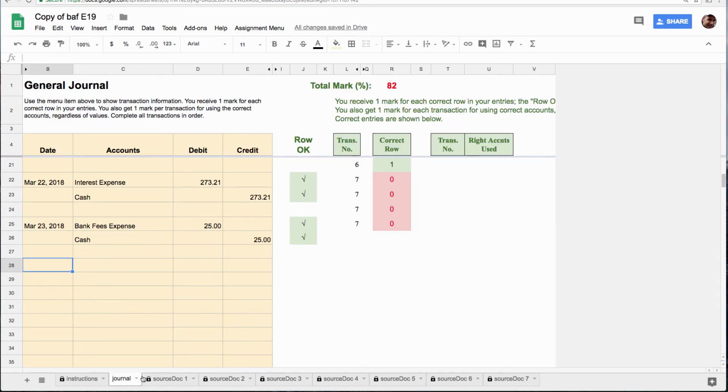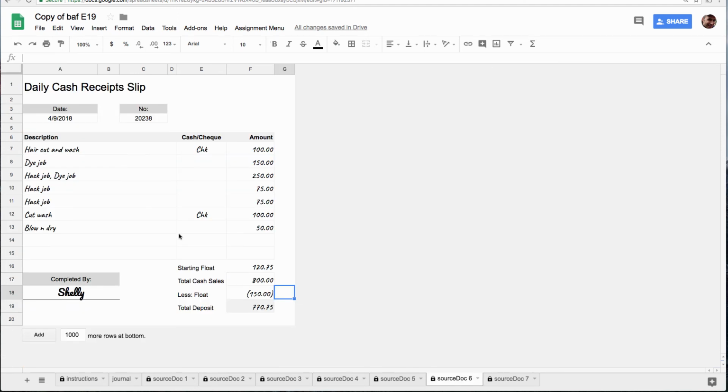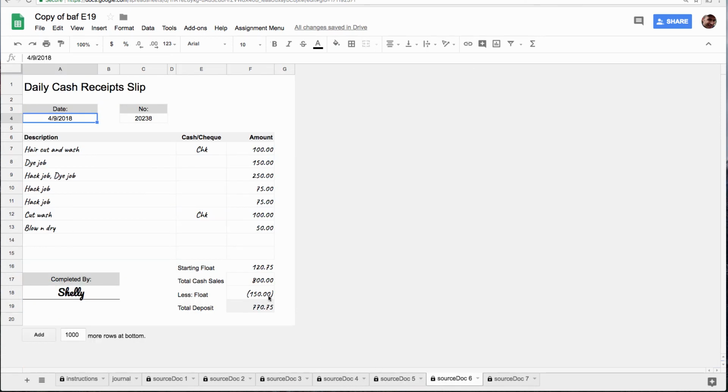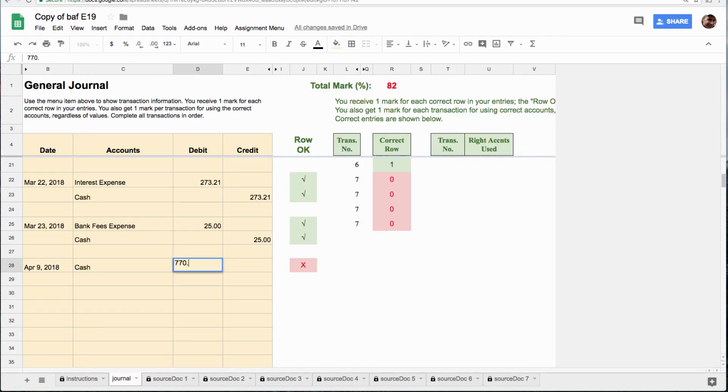So let's go back here. And what day was this? This was the 9th. So we'll go April 9th. And this is cash, debit first. And it's $770.75, that's what goes in the bank. Done.